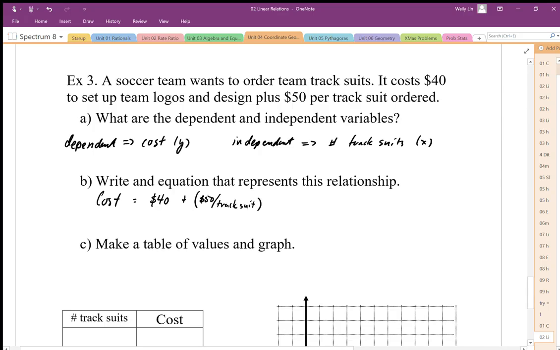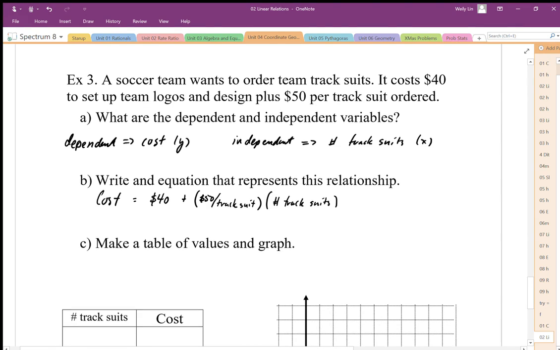We're going to do $50 per tracksuit times the number of tracksuits. So there's my rate, which is probably going to give me an idea of my angle or slope. I have a starting point of $40, so that's going to give me my fixed point.